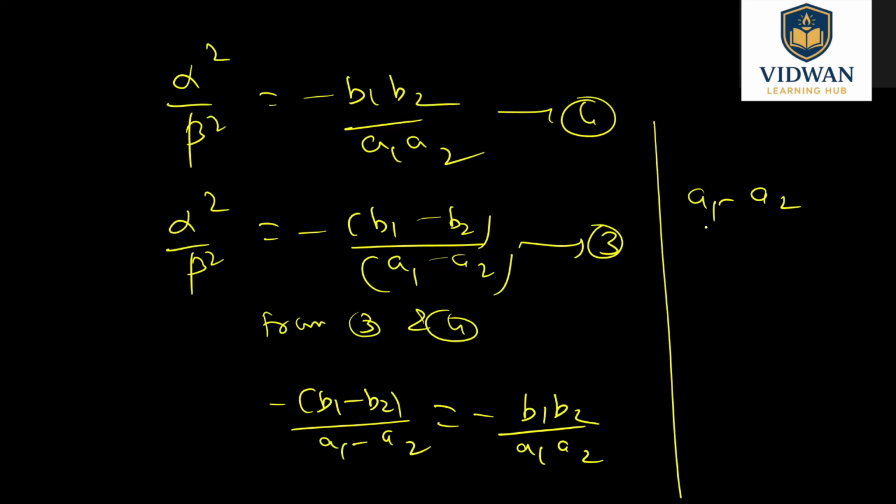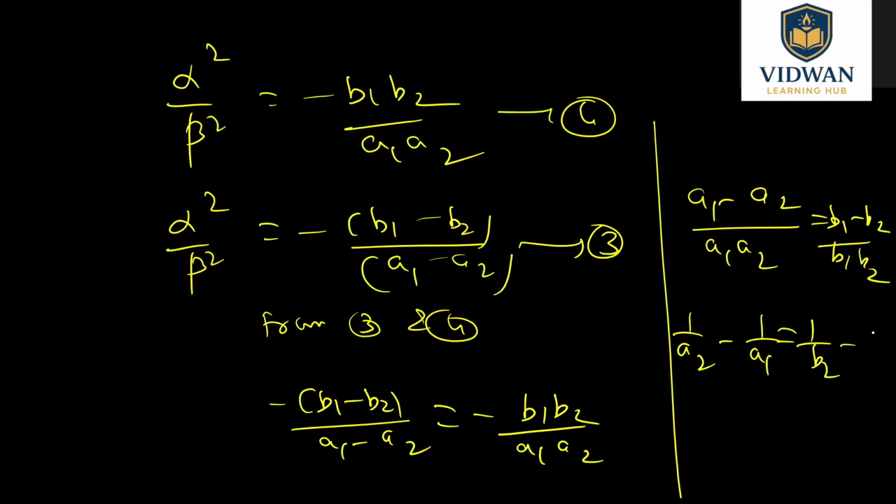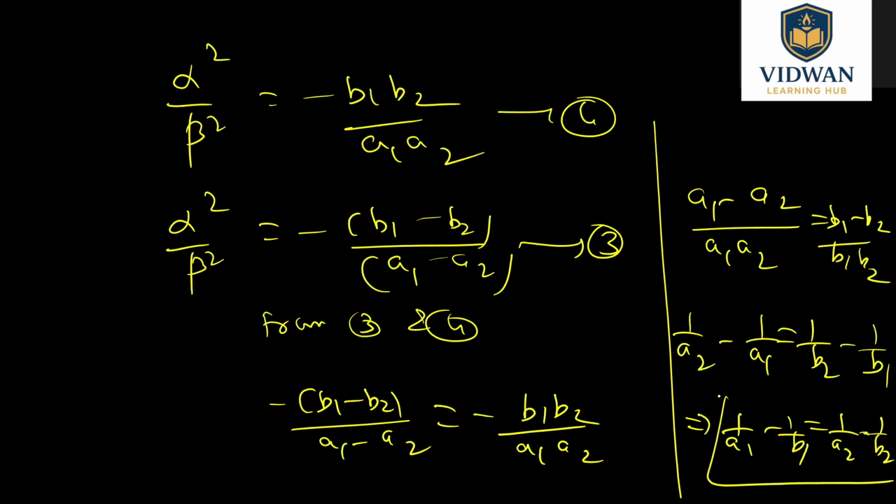So we'll get (a1 minus a2) by a1 a2 is equal to (b1 minus b2) by b1 b2. And this is same as, if you divide, a1 by a1 a2 you'll get 1 by a2, and a2 with a1 a2, you'll get 1 by a1. That is equal to 1 by b2 minus 1 by b1. Or you can also write this as 1 by a1 minus 1 by b1 is equal to 1 by a2 minus 1 by b2. So this is the condition that the curves are orthogonal.